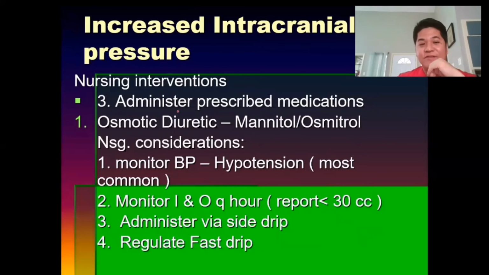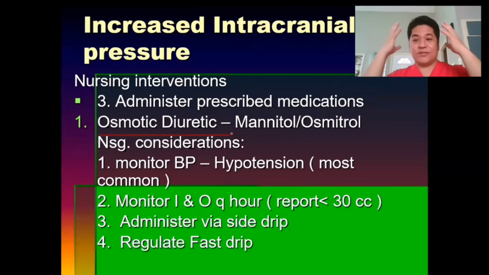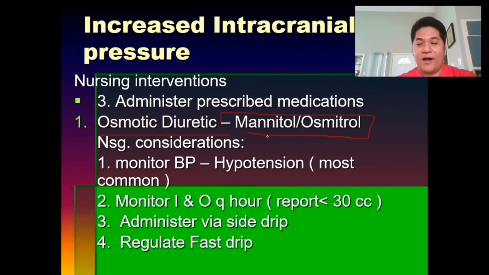Other nursing interventions include the medications ordered by the doctor, and we have to administer prescribed medications, including osmotic diuretics. These help to decrease or eliminate the cerebral edema or swelling. Examples are mannitol and Osmitrol, and the nursing consideration when giving this medication is that it might decrease the blood pressure.